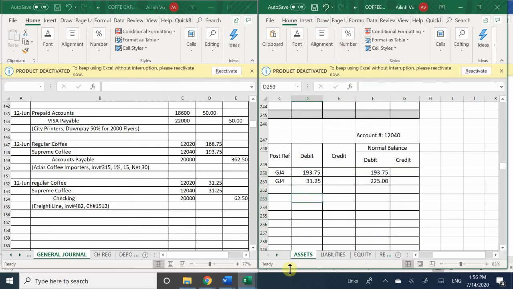Okay, so what is the next thing we got to do? I go to your check and checking and report it. No, we did the check register, we already did the check register. No, I'm talking about in the general ledger.